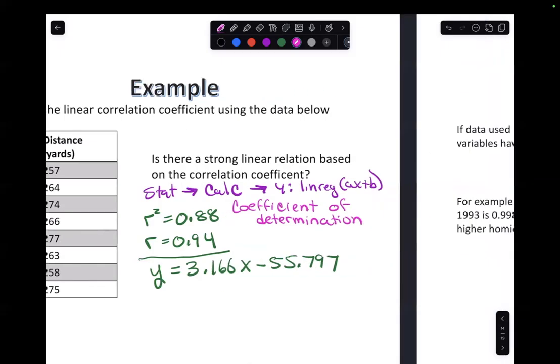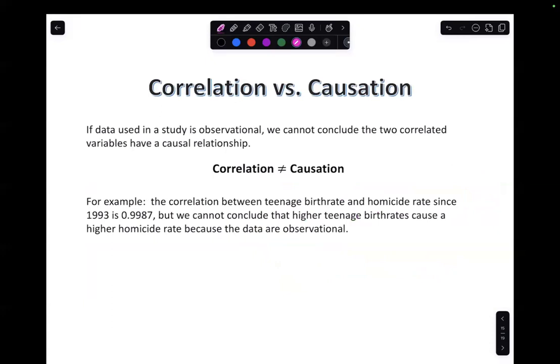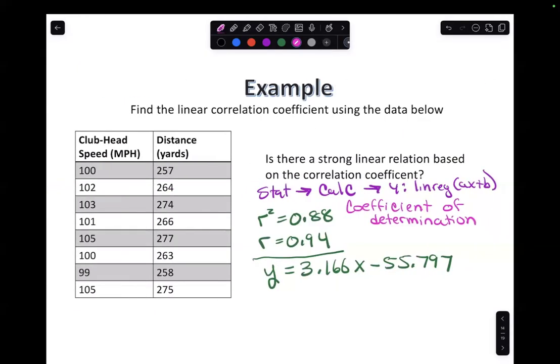All right. So correlation doesn't equal causation. When we have an observational study, you cannot conclude that there's a causal relationship. Even though in this one right here, I think that we can say that the club head speed probably causes that distance.